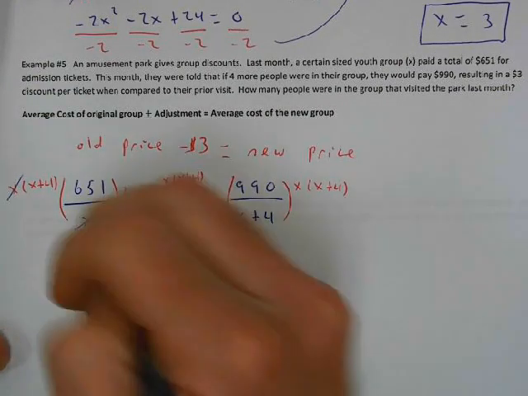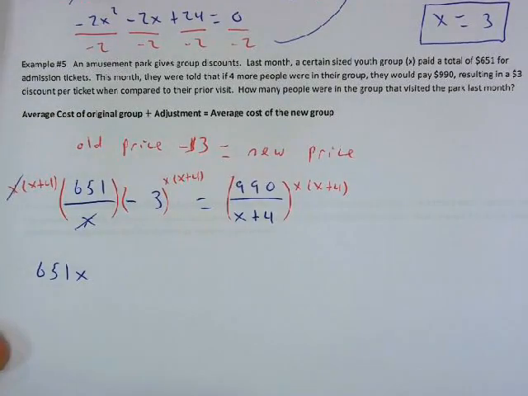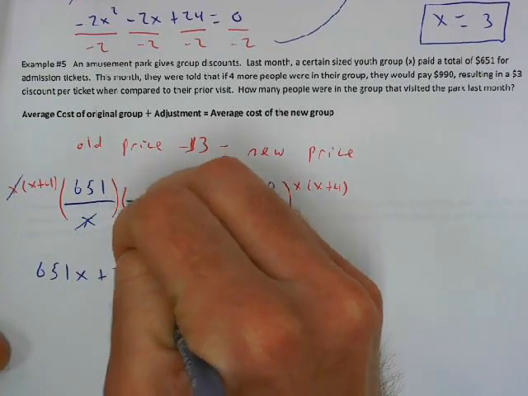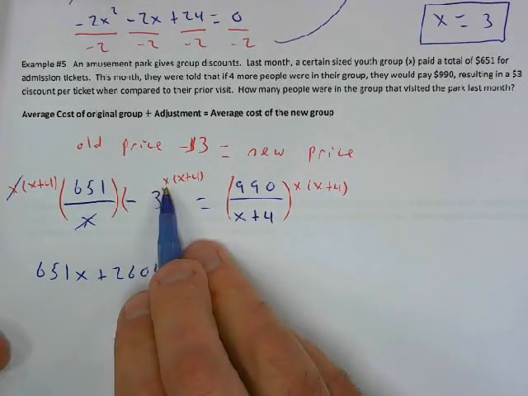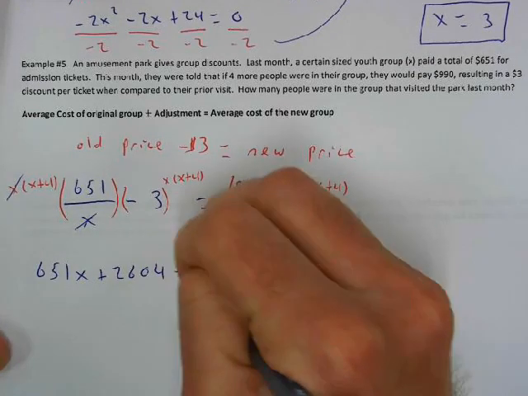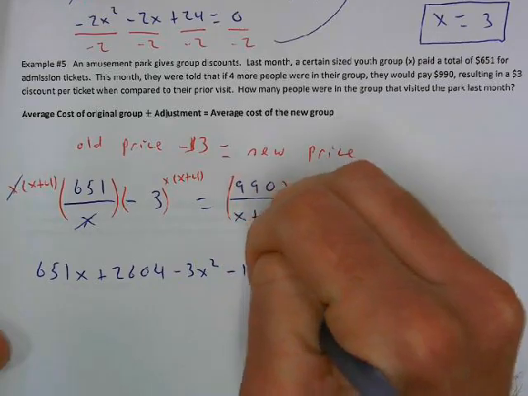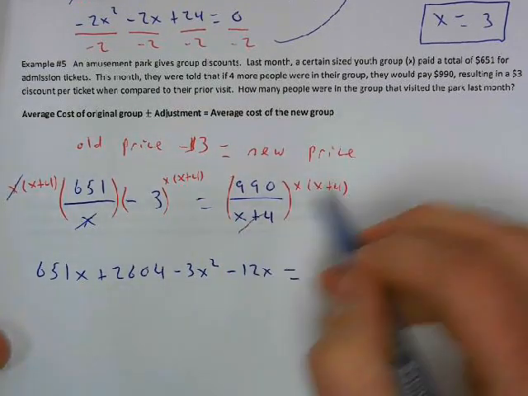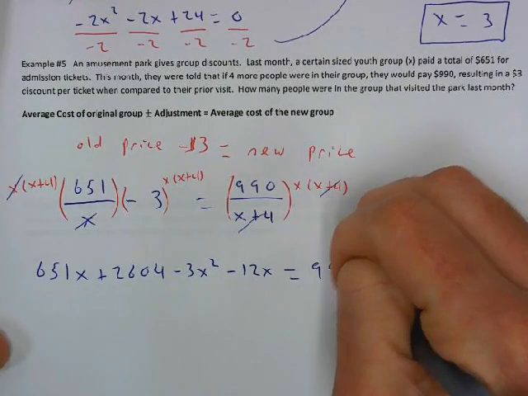That's going to be 651x plus 2,604. And then we've got negative 3 times x, which is negative 3x, times x plus 4, which is negative 3x squared minus 12x. And then equals, over here the x plus 4 is reduced, and I just get 990 times x, which is 990x.